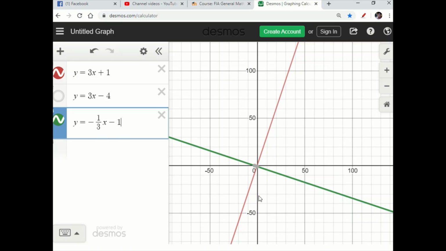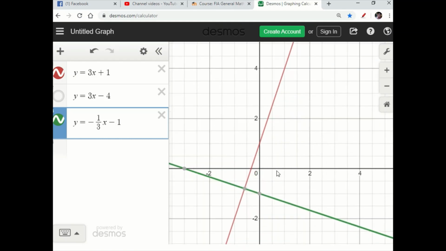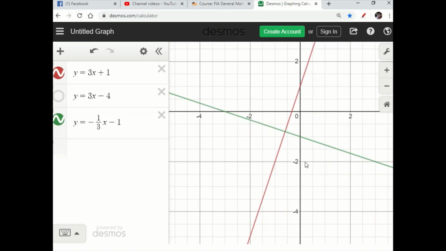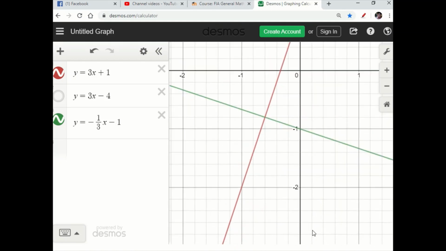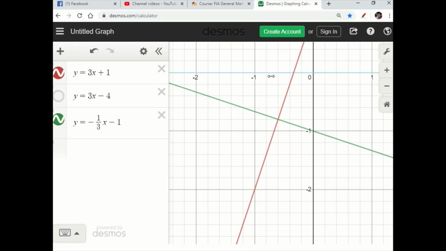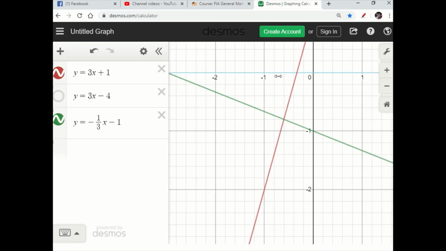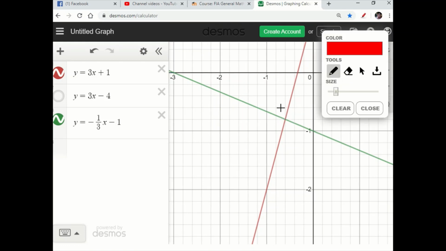What we can see here is that these two lines intersect and they form a 90 degree angle here. If we adjust this to a square, we can see here they are actually at 90 degrees. We have a 90 degree angle if you measure.